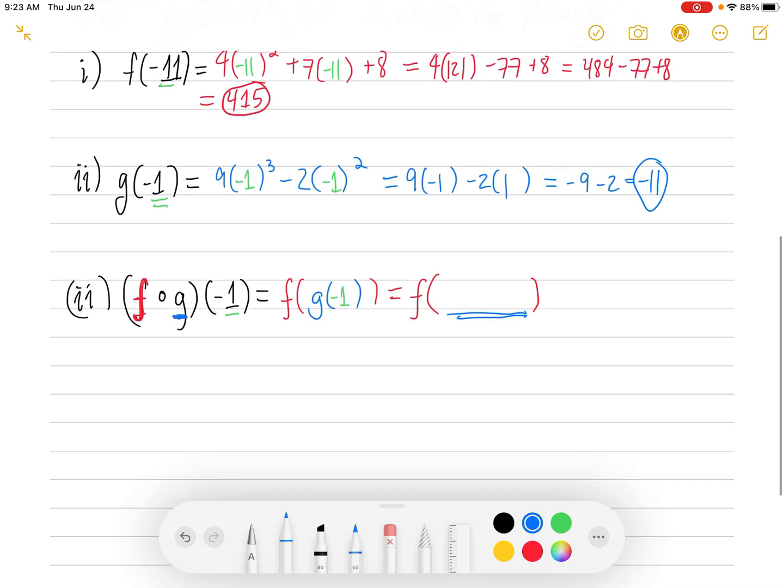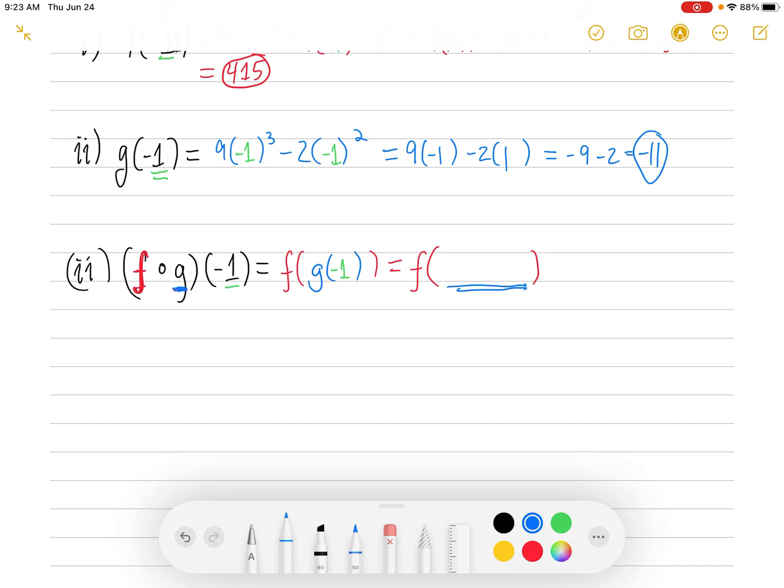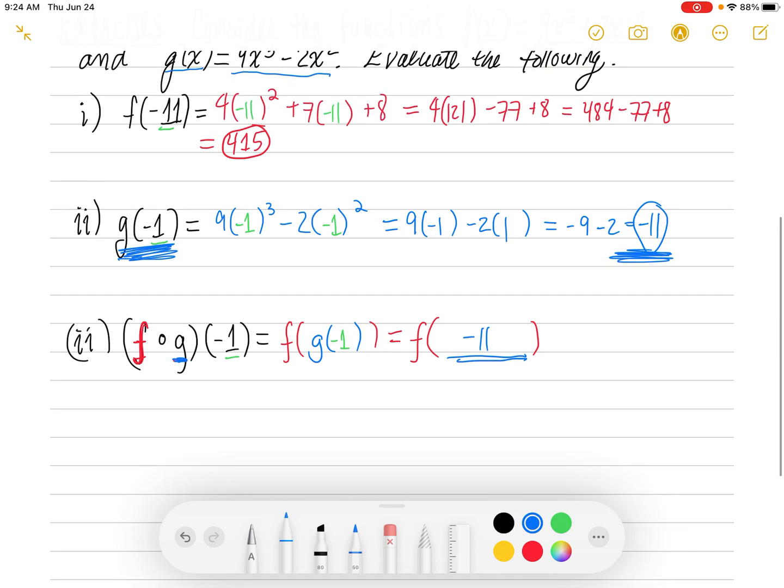If I want to compute this, I'm going to leave the outside function alone for now, and I've got to find what g of negative 1 is on the inside of f. So g of negative 1, hey, we actually calculated this already. G of negative 1 we calculated as minus 11. So now that we have negative 11 inside of the f function, we have to find out what f of negative 11 is.